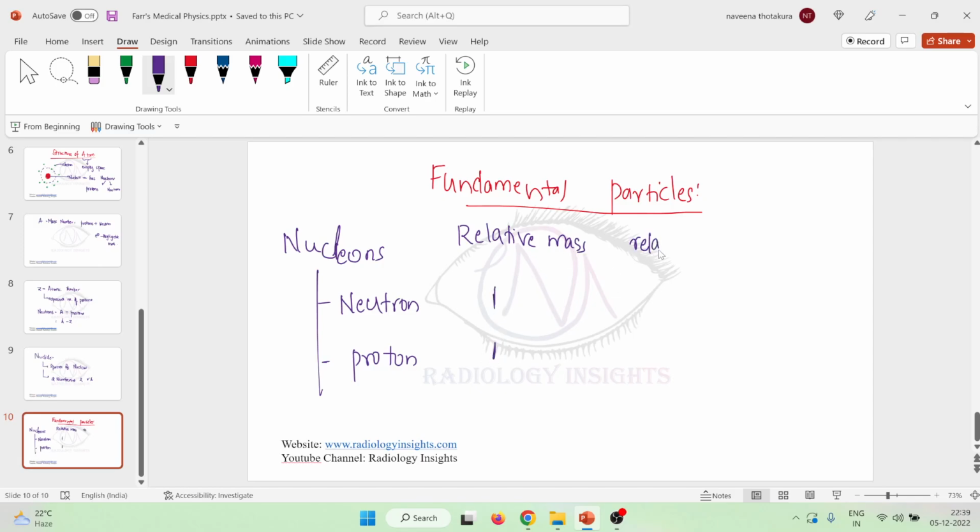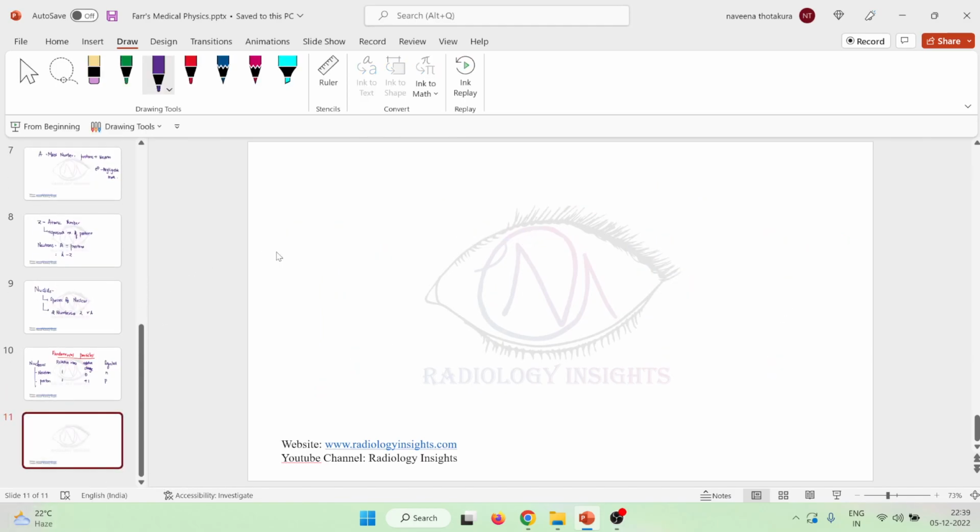If you see the relative charge, obviously neutron has no charge, 0, whereas proton has +1 charge. The symbol of neutron is N and proton is P. Similarly, extranuclear, that is outside the nucleus, we have an electron.